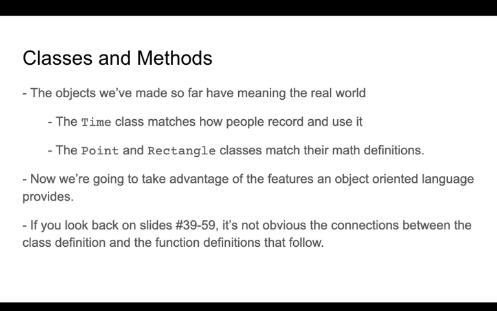So if we look back at slides 39 through 59, it's not as obvious the connection between the classes and the functions. For example, add time or increment: we could increment a point, maybe it moves it along the x-axis, or we can increment time. That relationship there on whose increment it is or what it does isn't clear.